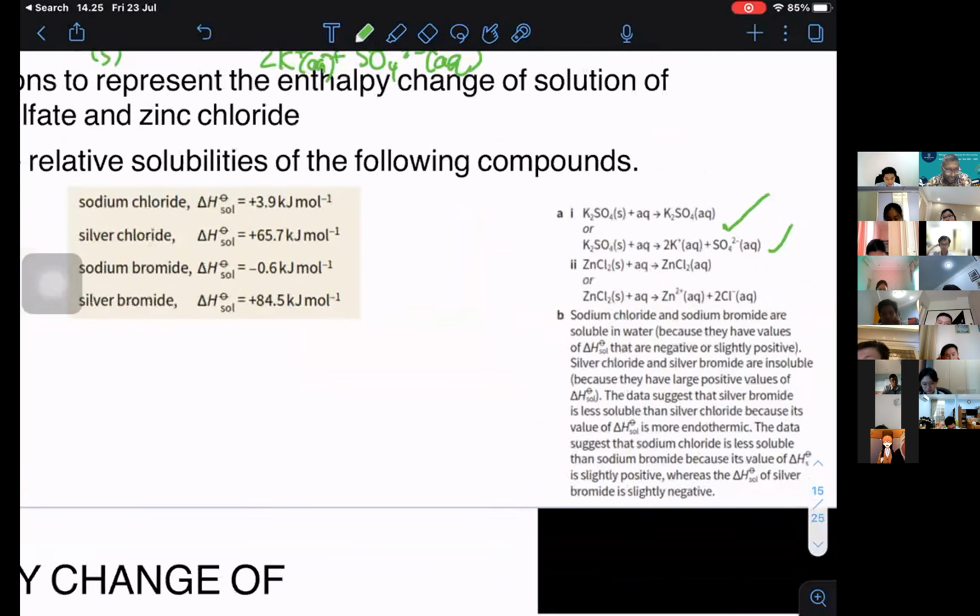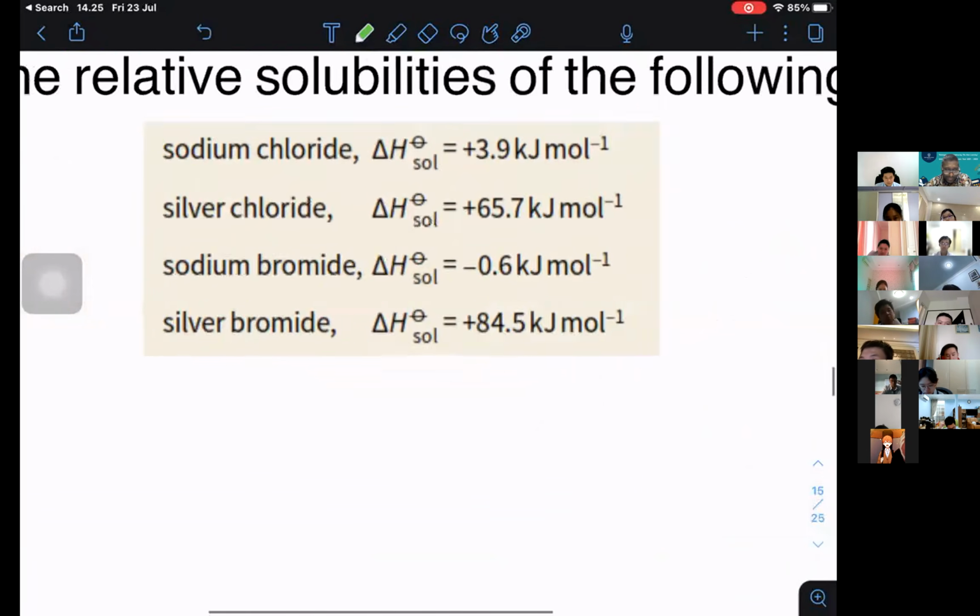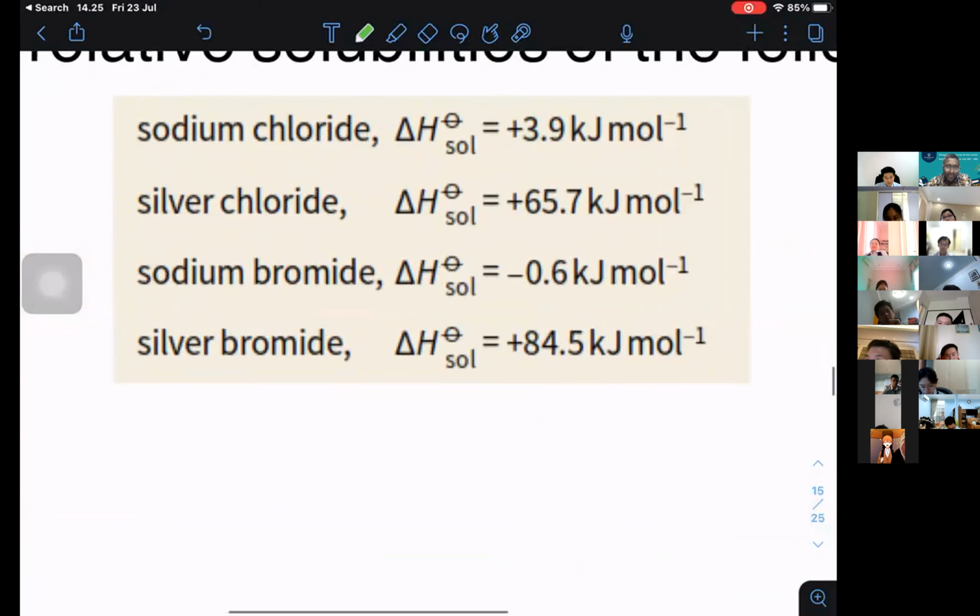Now if I want to compare the solubility over here and which one is more soluble, the moment you see this, can you tell me which one is soluble? James, can you tell me which one is soluble? Silver chloride. No. Wait.